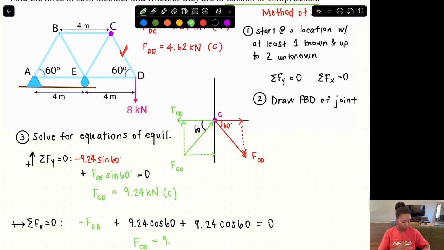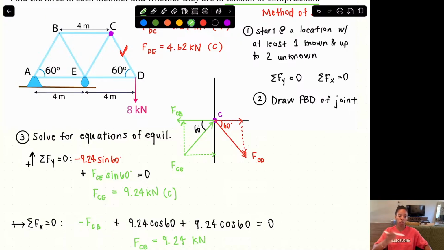Okay, cool. So 9.24 is what I got for force in member CB. So 9.24 kilonewtons. And is that member in tension or compression? Because we got a positive number, we know the direction which we drew the force in member CB is correct.